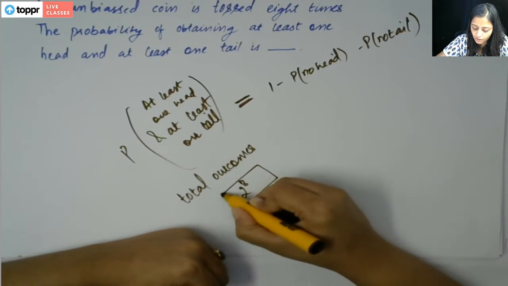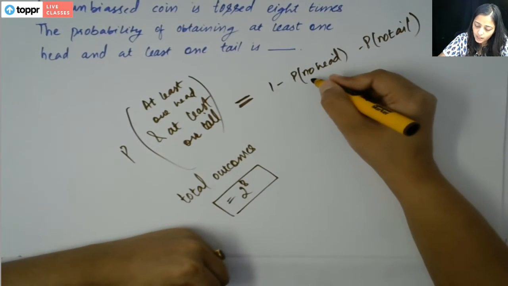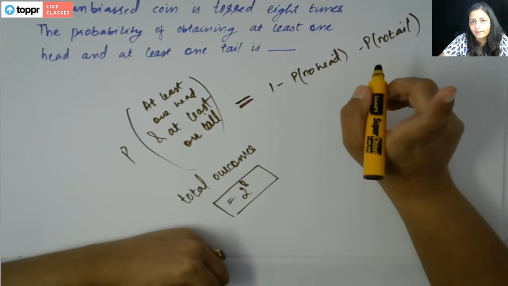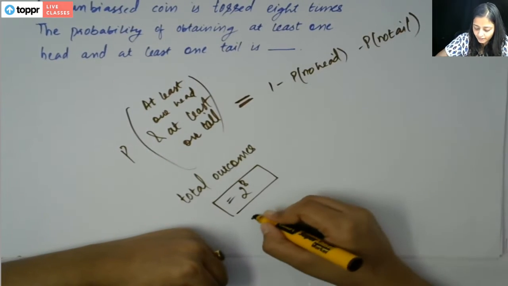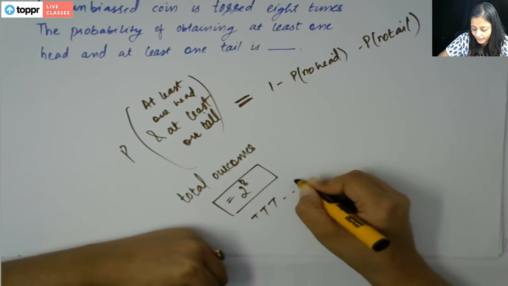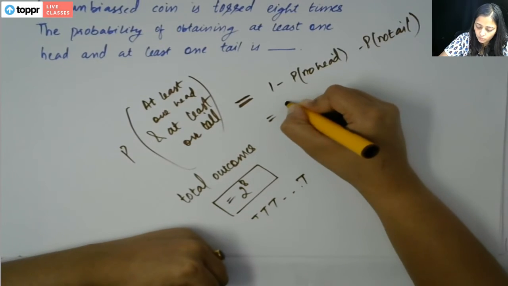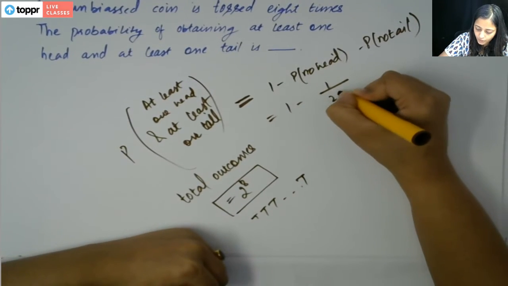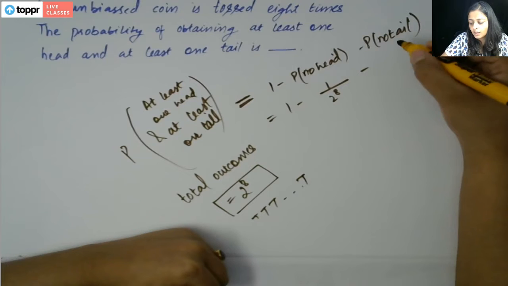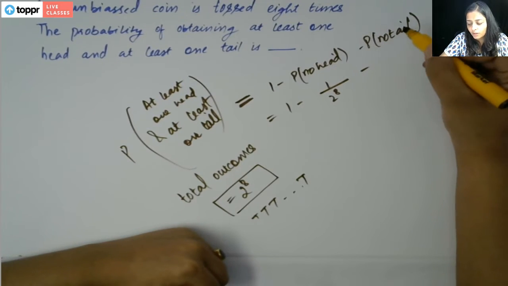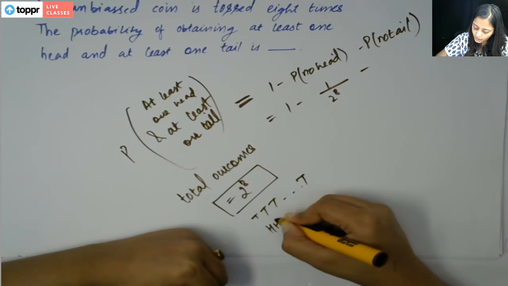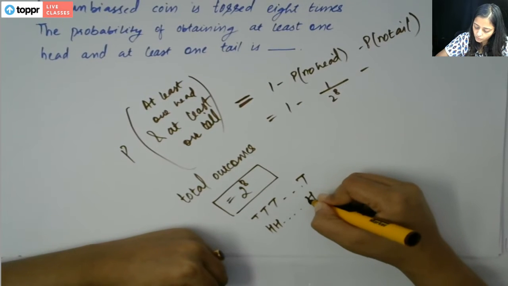So we have 2 raised to the power 8 outcomes, and when there is no head, there is only one outcome which does not have any head. It's tail, tail, tail, tail, all the 8 times tail. So there is only one possible outcome out of the 2 raised to the power 8 outcomes. And there is only one possible outcome when there is no tail. It's when all the coins show head.